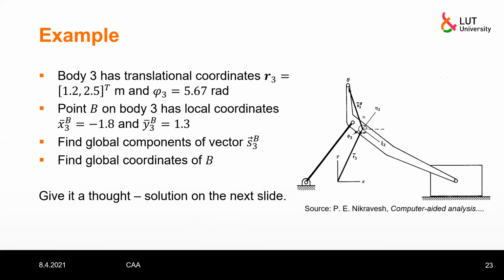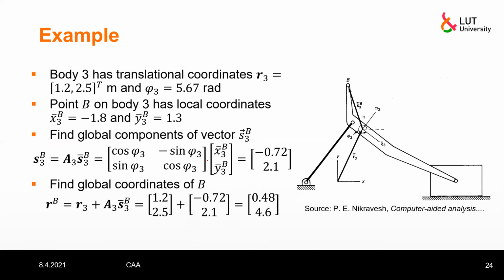Okay. So the answer is that we just need to perform the transformation that was shown in the previous slide. So global components of vector S, pointing to point B in the reference frame 3, are equal to the transformation matrix from global coordinates to coordinates in reference frame 3 times the local components of this vector, because they are given here.